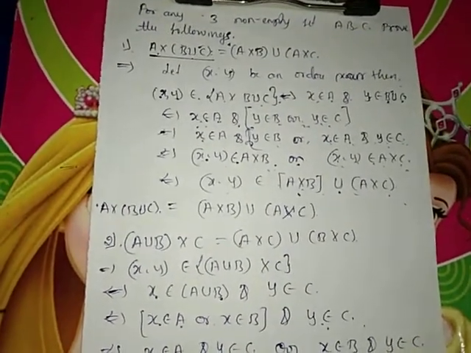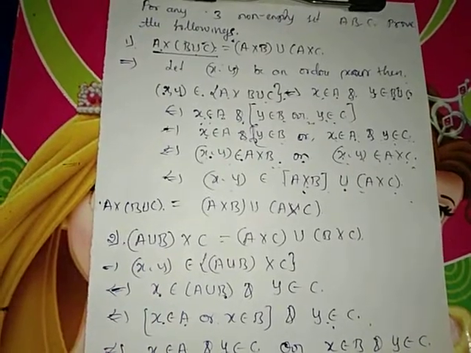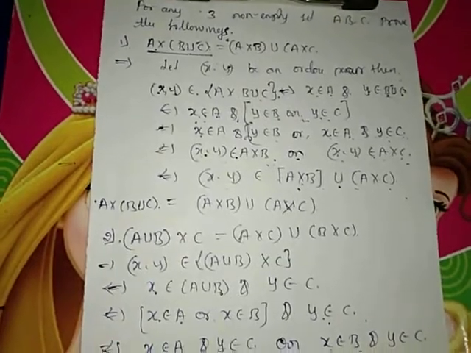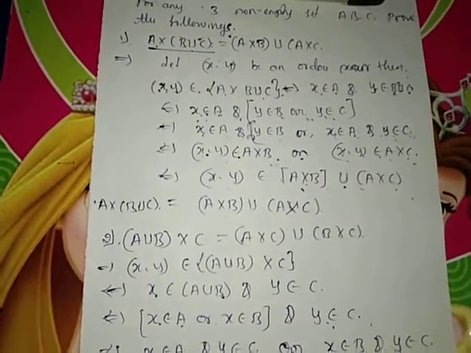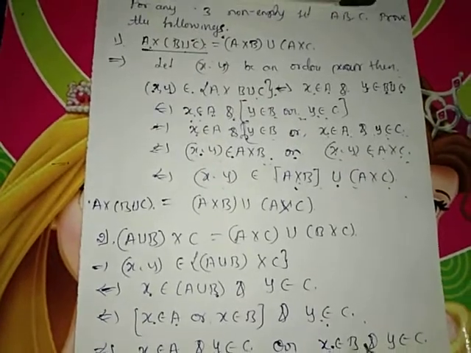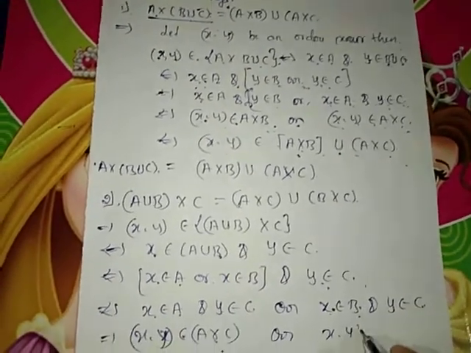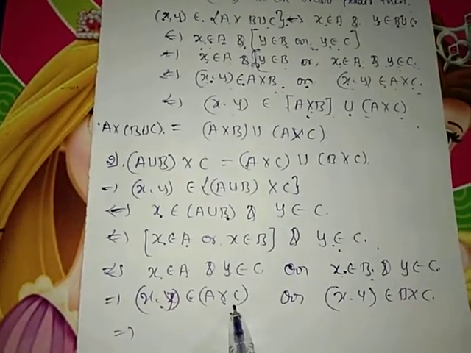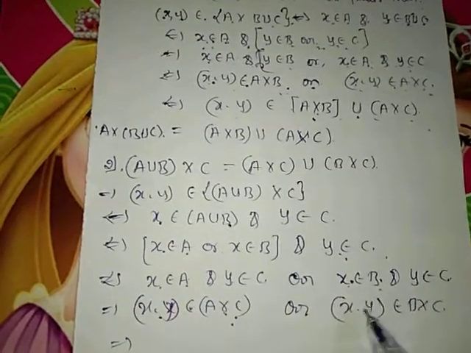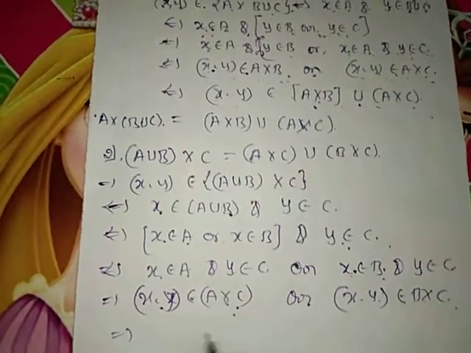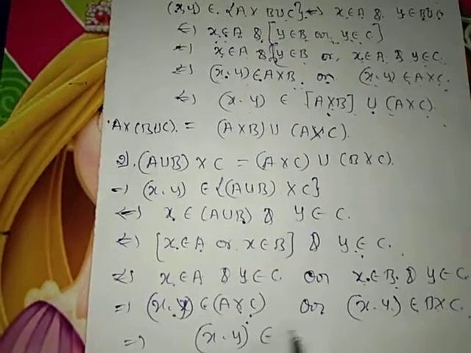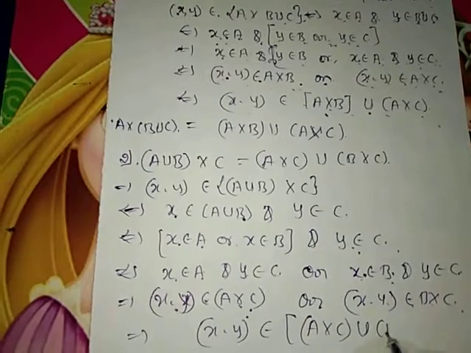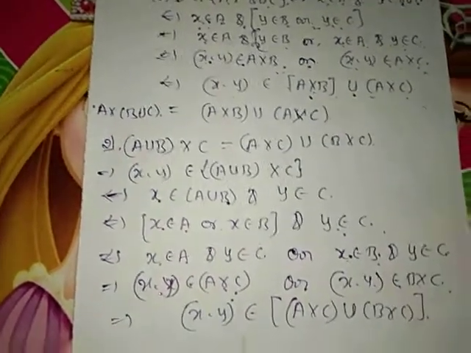If x belongs to A and y belongs to C, then (x, y) belongs to A × C. If x belongs to B and y belongs to C, then (x, y) belongs to B × C. (x, y) belongs to A × C or (x, y) belongs to B × C, that indicates (x, y) belongs to the union (A × C) ∪ (B × C).